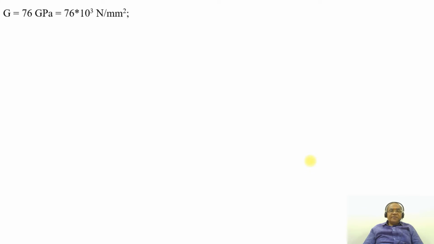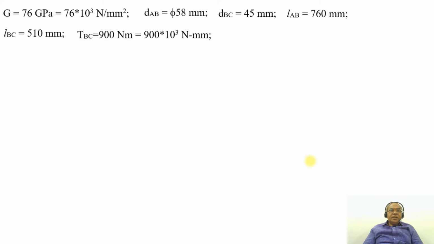G will be equal to 76 GPa, which is 76 into 10 to the power of 3 Newton per mm square. The diameter of the section AB will be equal to 58 mm and the diameter of the section BC will be equal to 45 mm. The length of AB is 760 mm and the length of BC is 510 mm. The torque on BC will be equal to 900 Newton meter, which is 900 into 10 to the power of 3 Newton mm.